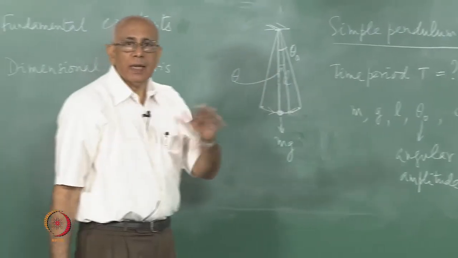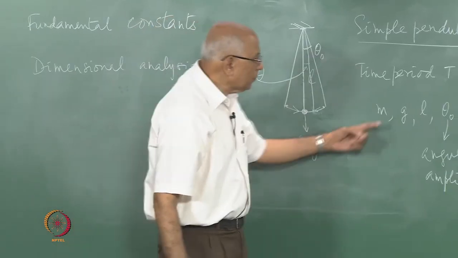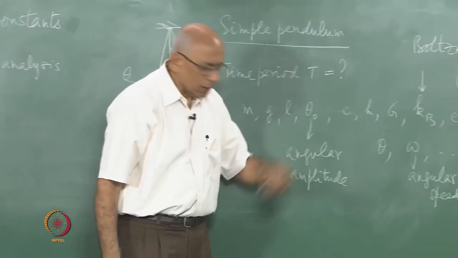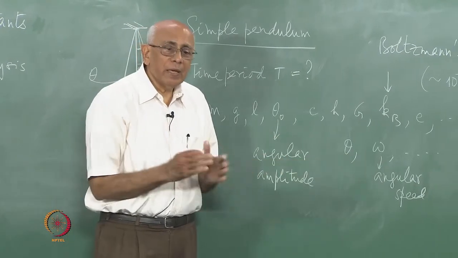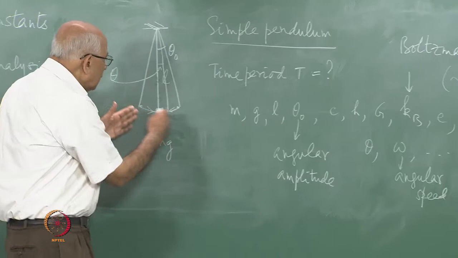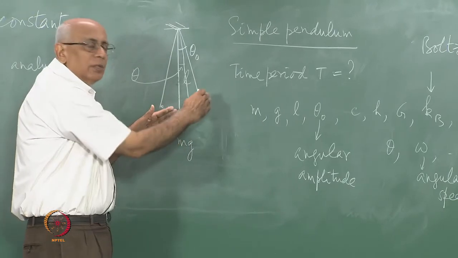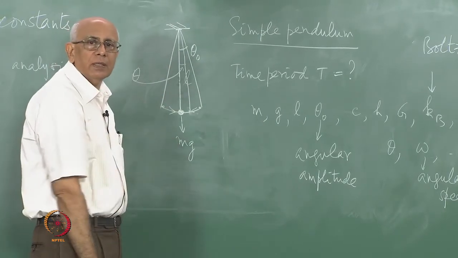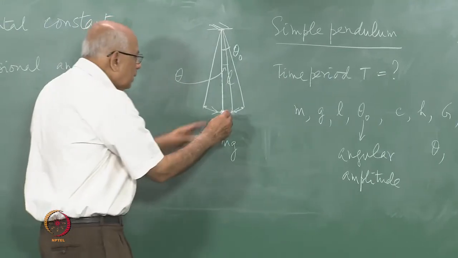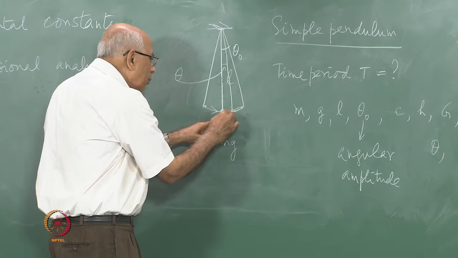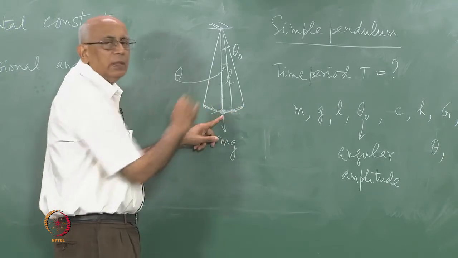So now let us step back and ask, what is the difference between these quantities and these quantities? Well, these are variables. They are dynamical variables. They change with time. As the pendulum swings, theta changes, the angular velocity changes, and so on. But we are asking for a time period which comprises the full motion from here to there, back through here, back to this point here.